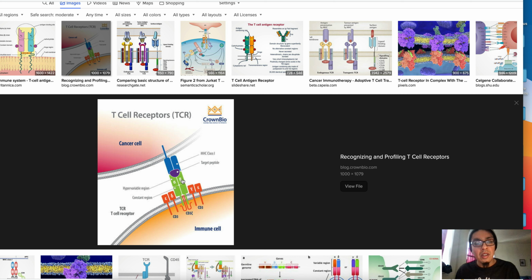Here's the alpha subunit and beta subunit for the alpha beta T cell receptor. There's also the gamma delta T cell receptor, which is apparently a much less understood T cell that floats around near your epithelial regions, close to the surfaces or interfaces of your body.